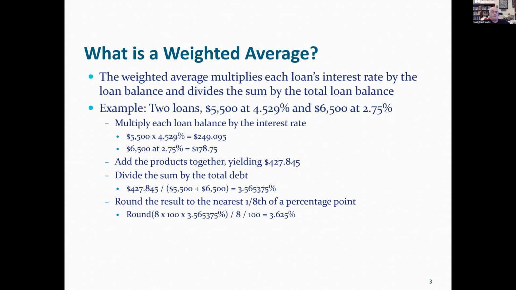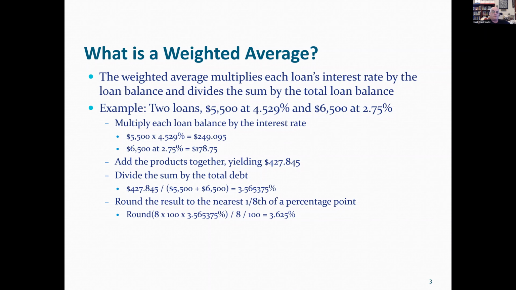And we have an example here where we have two loans: a $5,500 loan at 4.529% interest, which is the current interest rate on an undergraduate Stafford loan, and a $6,500 one at 2.75%, which is the new interest rate that federal loans will have starting July 1st of 2020. I just picked these kind of arbitrarily, aiming to have different loan amounts and different interest rates.